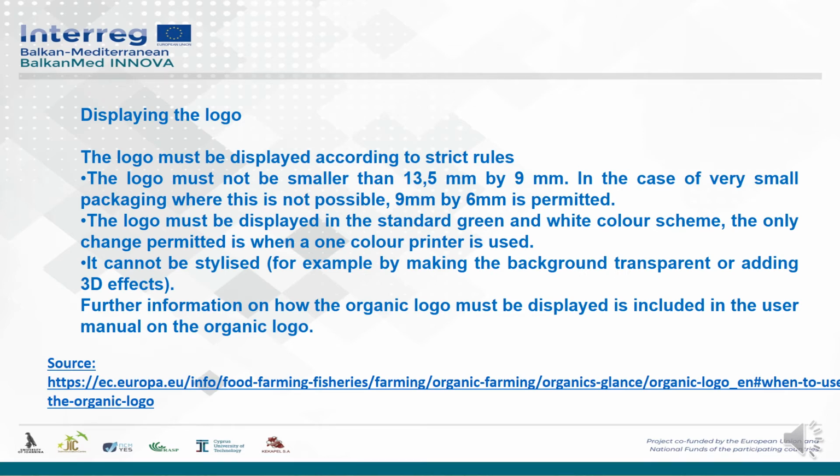Here in this part, before continuing, I want to summarize what I have explained before in the previous part of this lecture. This is especially important for the EU logo for organic production. So the logo must be displayed according to strict rules. You already know this. The logo must not be smaller than 13.5 millimeters by 9 millimeters. Only in particular situations when the packaging is very small, the 9 millimeters can be a minimum of 6 millimeters.